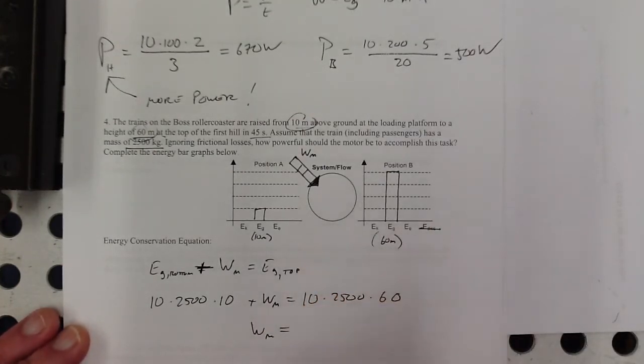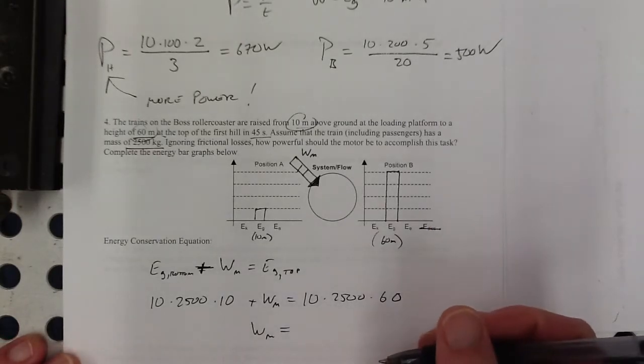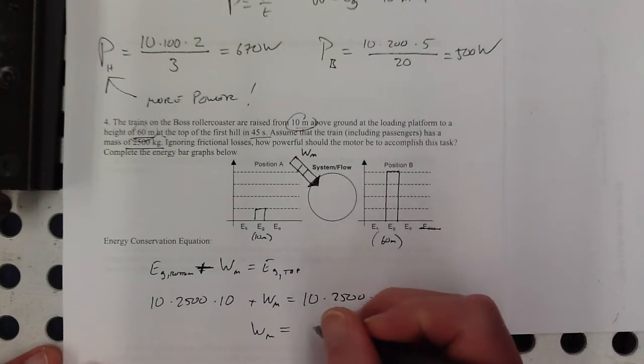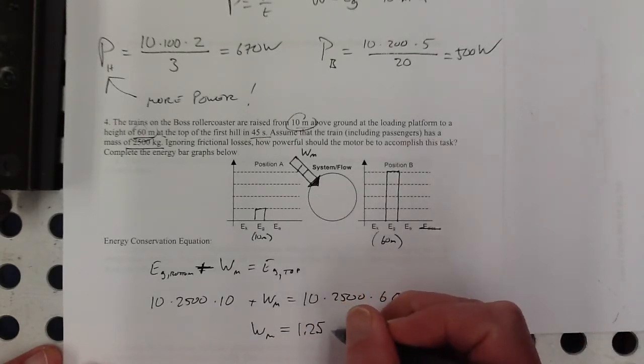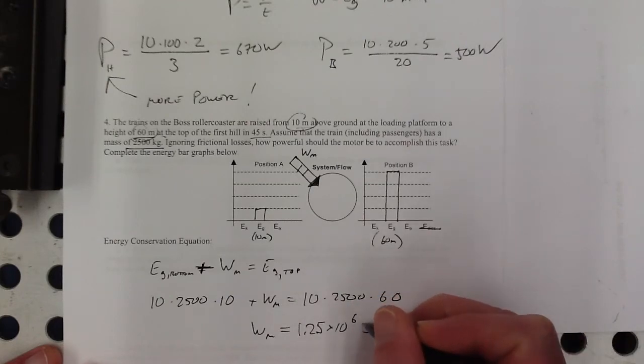So the work done by the motor is, let's see, is that 1.25 million? 1.25 million joules.